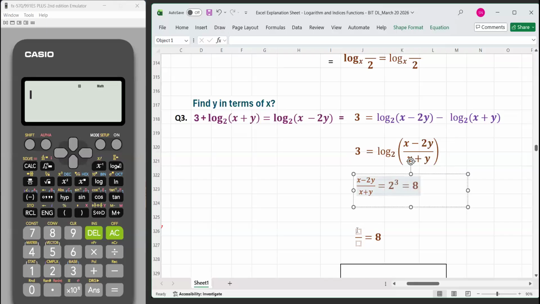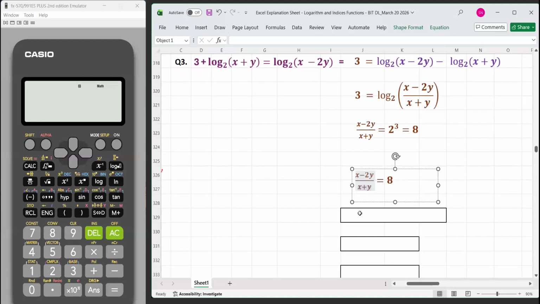Now if we have x minus 2y divided by x plus y equal to 8, if you expand, what will this give you? It is x minus 2y equals 8x plus 8y.